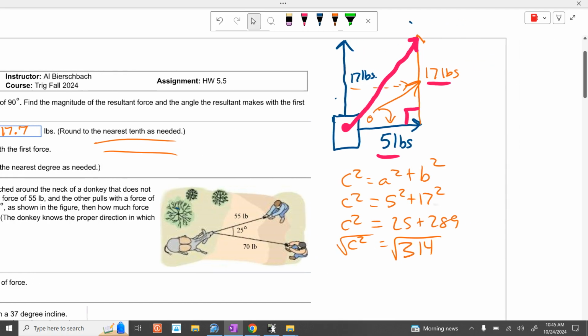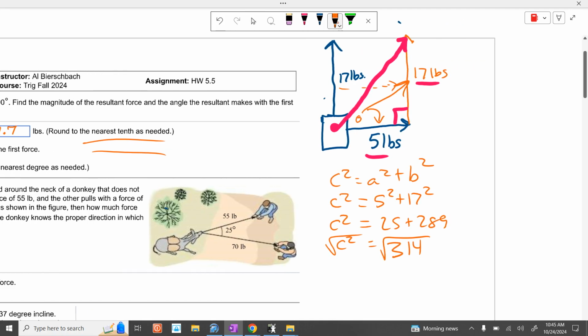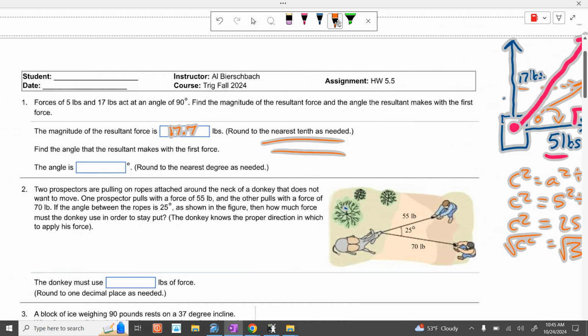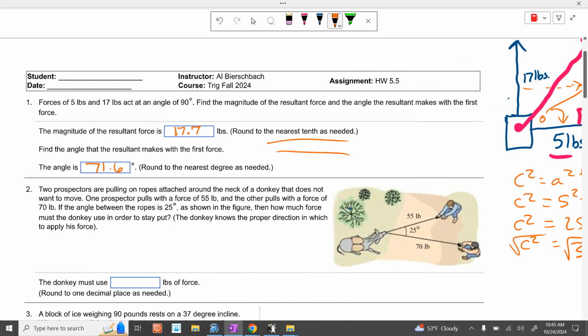So what trig function is that? Tangent. So if I take the inverse tangent of the opposite over the adjacent, that should give me the answer. What's the inverse tangent of 17 over 5? 71.6 degrees. So that's the angle that it's working at.